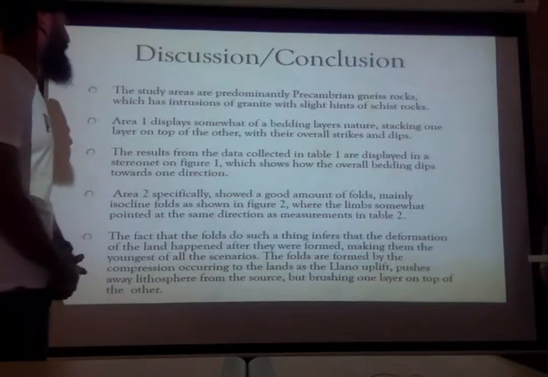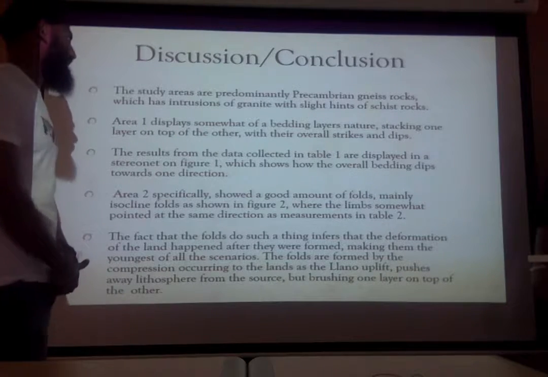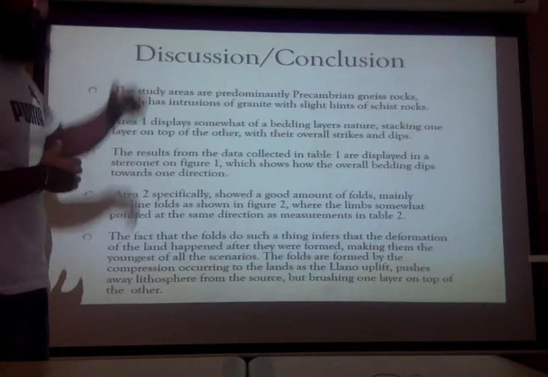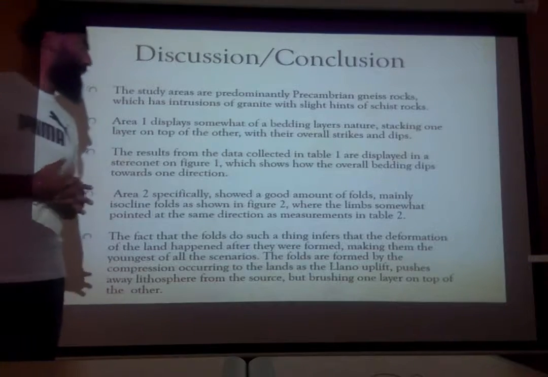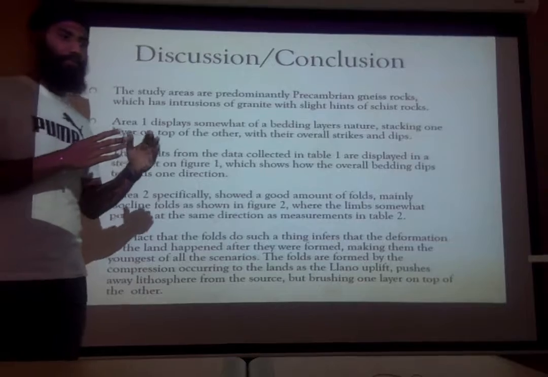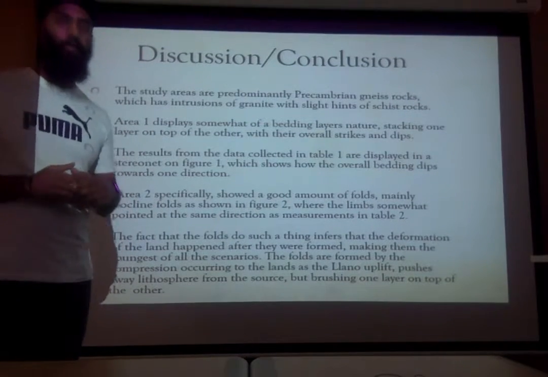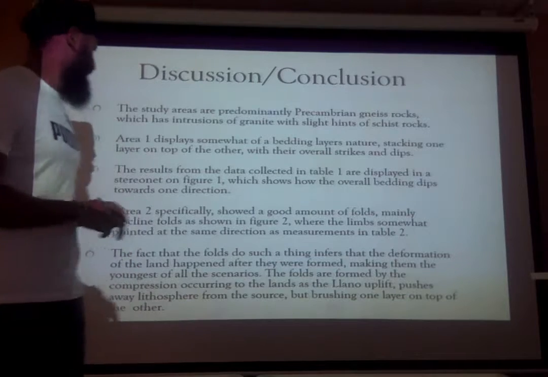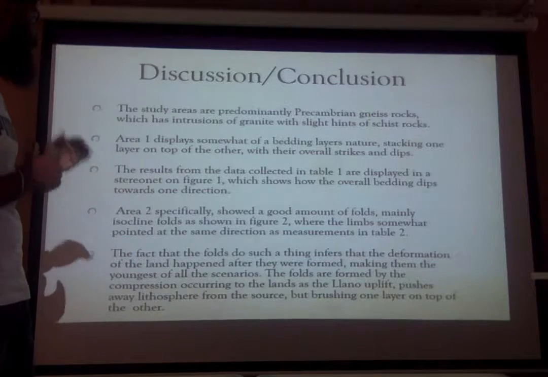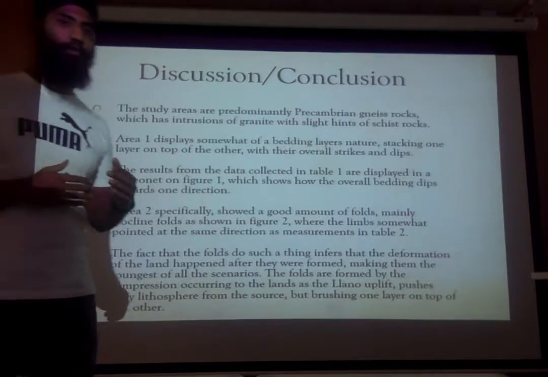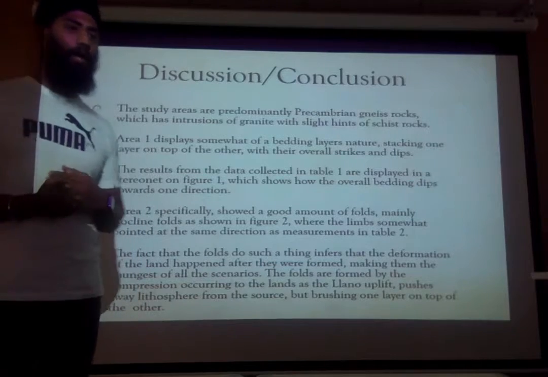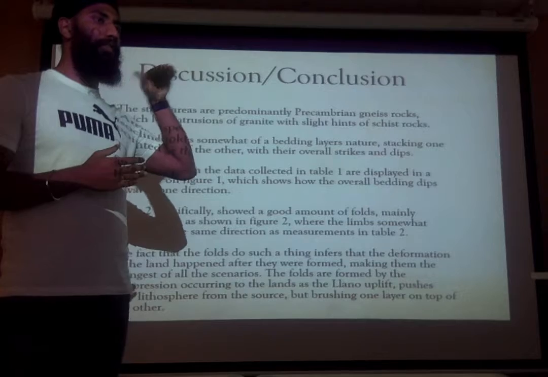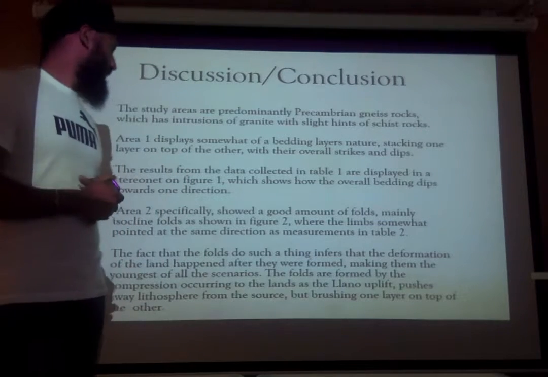The first area talks about the bedding layers that stacked upon each other. The strike and dips that we plotted on the StereoNet gave us the structure of those layers. The second area we showed was the folds, the isoclinal fold, and it was dipping more towards the northeast.